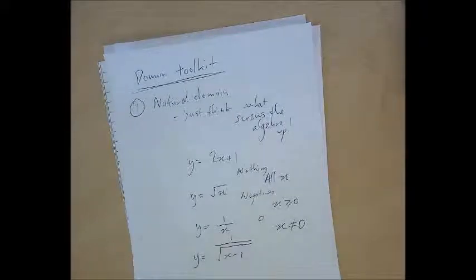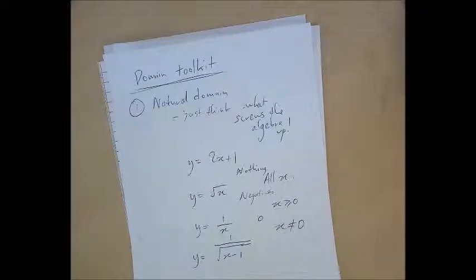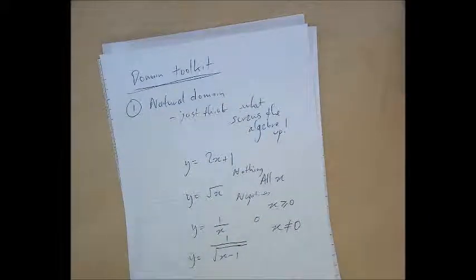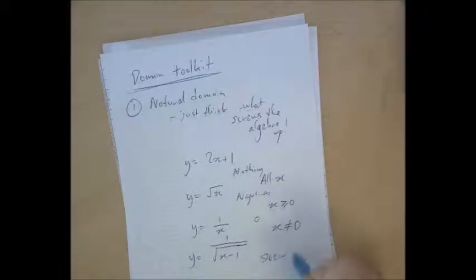What can screw that up? Negatives can certainly screw it up, because then you get a square root of a negative number. So what will screw the square root? Anything where this comes out negative.